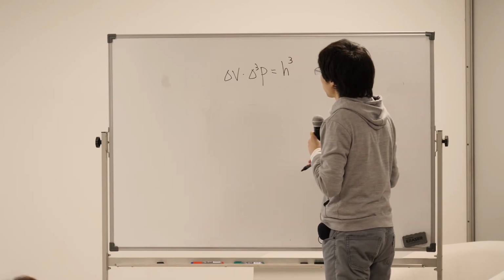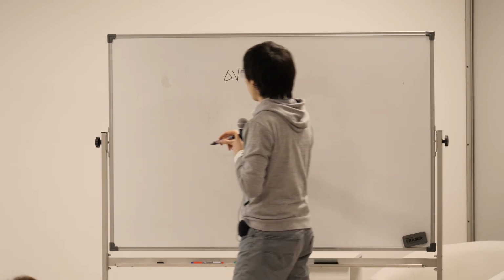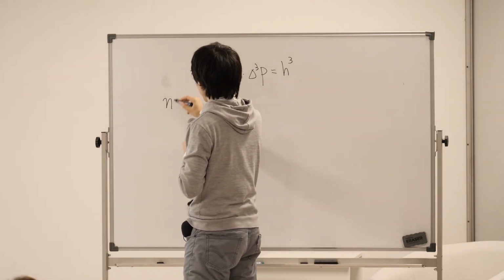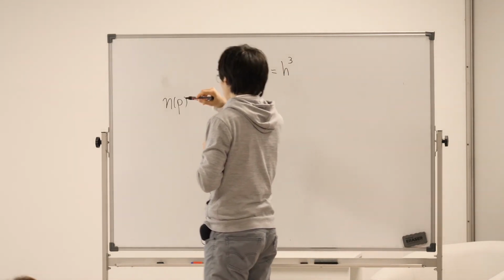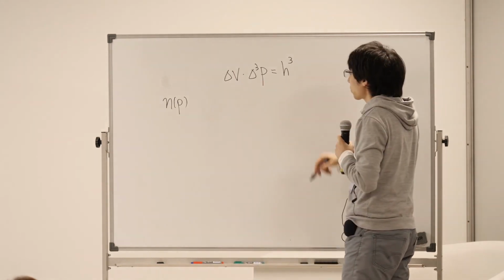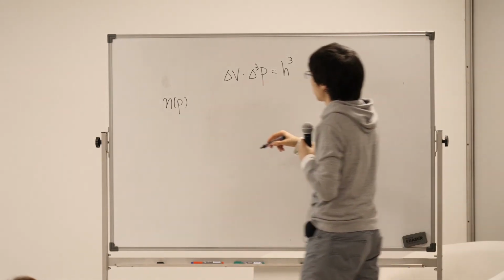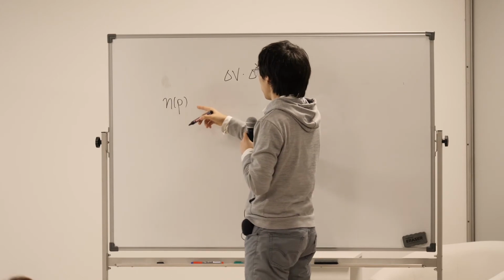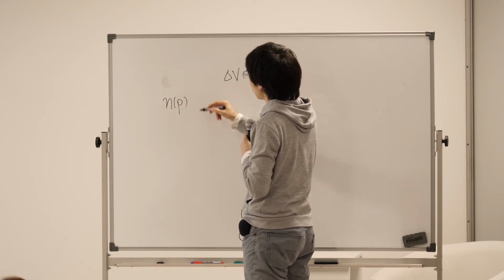What we want to know to get the pressure is the number density of particles with a certain momentum.